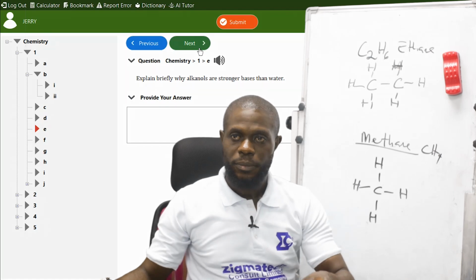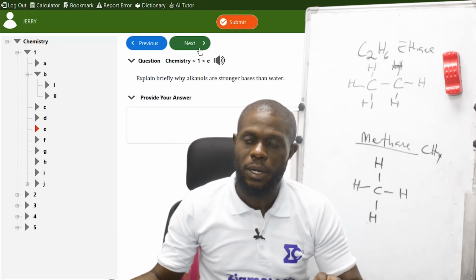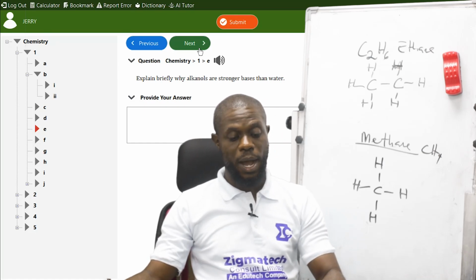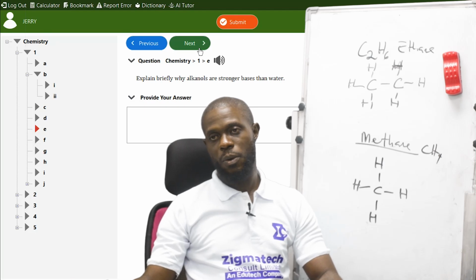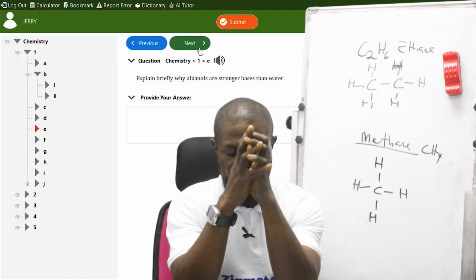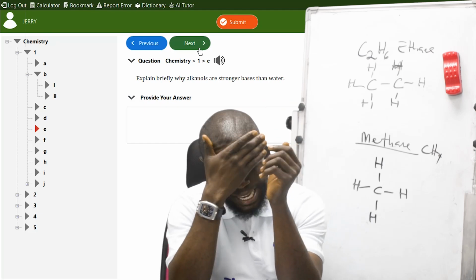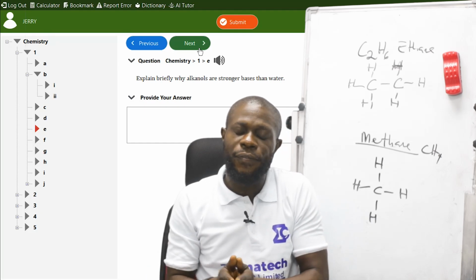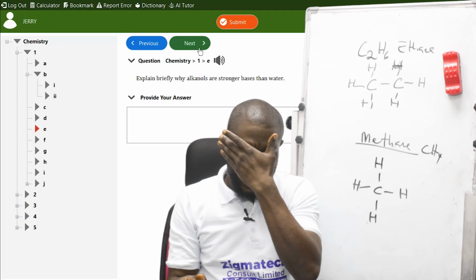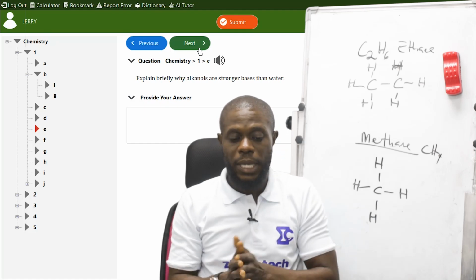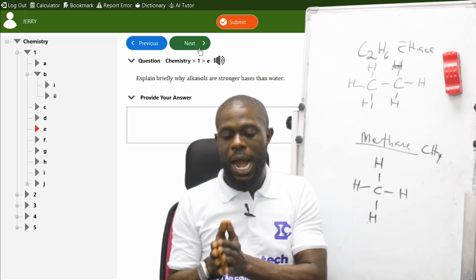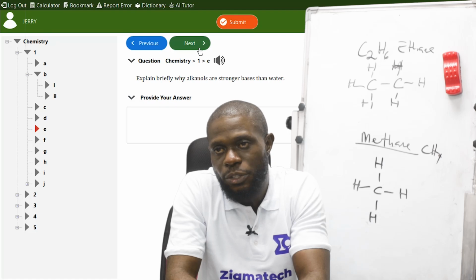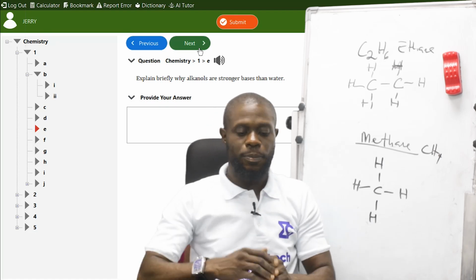The next question is, explain briefly why alkanols are stronger bases than water. It's simple. It is because of the electron donating effect of the alkyl group, which makes the alkoxide ion stronger than the hydroxide ion.